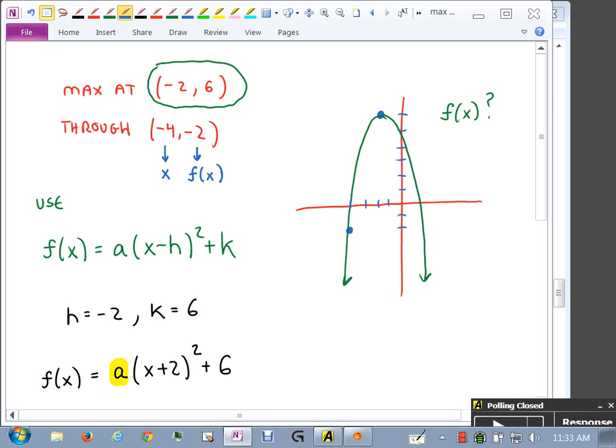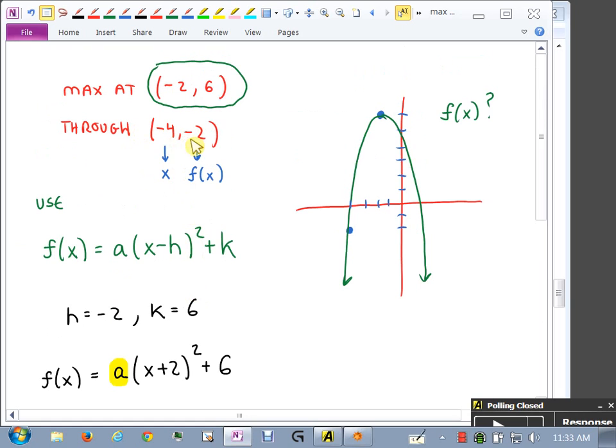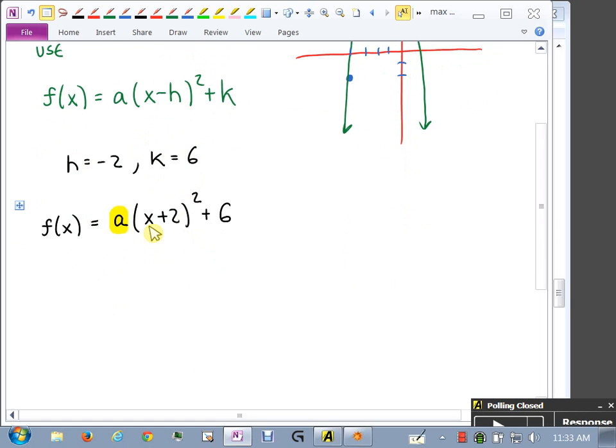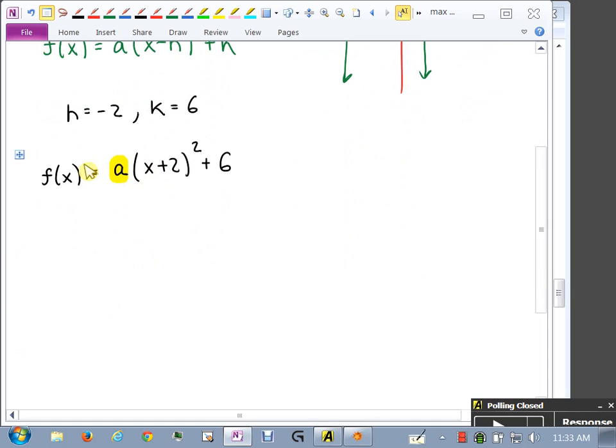So what I'm going to do now is I'm going to say, look, this equation has to work when I use this point. In other words, when I replace this x with negative 4, this side of the equation should spit out negative 2.